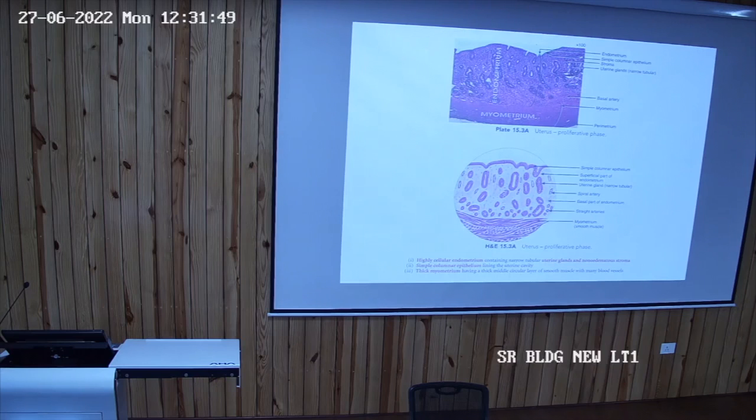The arteries of the stratum functionalis rupture during menstrual life and are responsible for the bleeding, while the stratum basalis arteries, which are straight arteries, are not affected by the menstrual cycle.